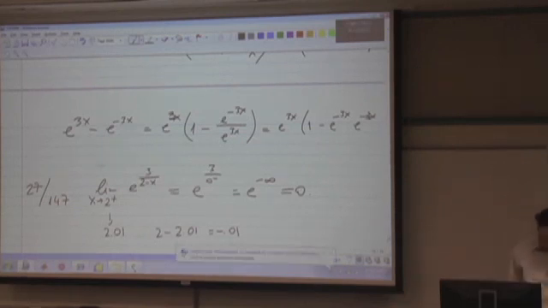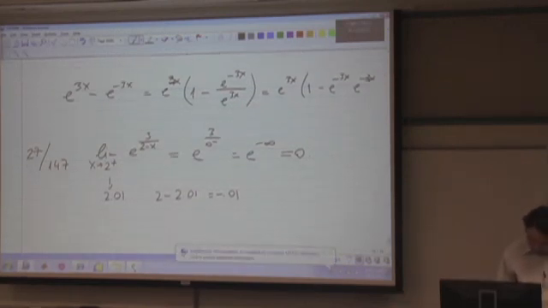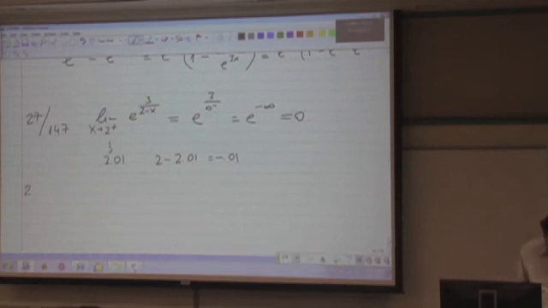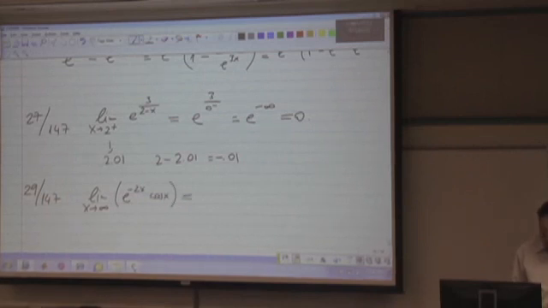Okay, how about 29? The limit as x goes to infinity of e to the minus 2x times cosine of x. Nice.